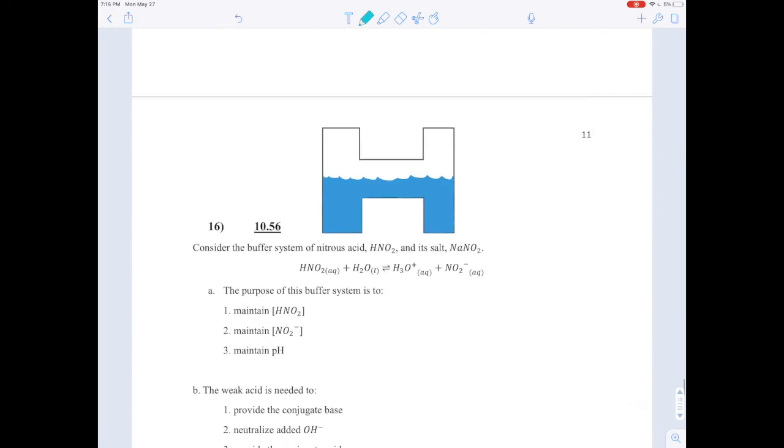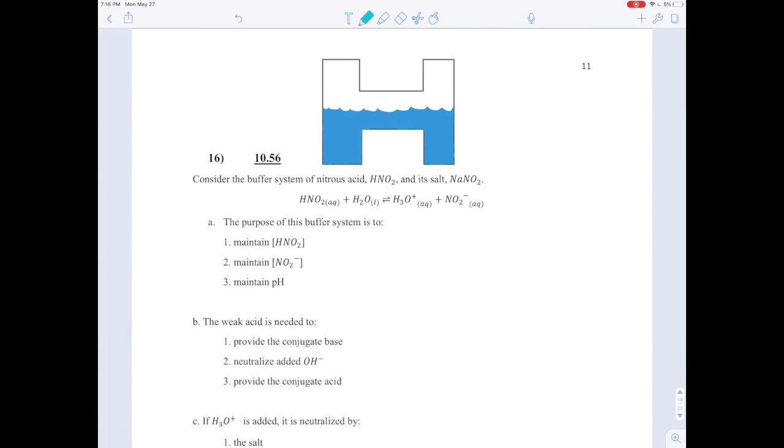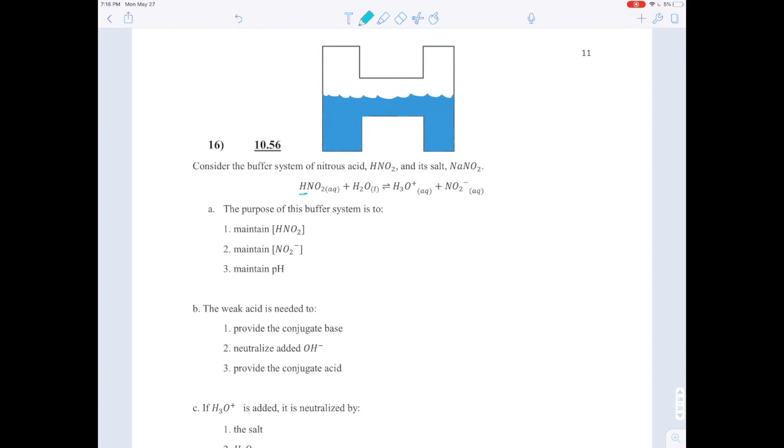Okay, so that's 15. 16 is a very similar problem, only they give you a different buffer solution. You have your acid, and you have the conjugate base. And those 2 will help to neutralize any acid or base that you put in the solution and keep the solution at a relatively constant pH.